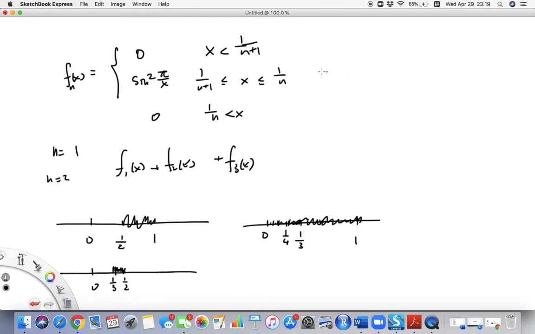So eventually your function converges to this: 0 when x is less than or equal to 0, 0 when x is greater than or equal to 1, and sine squared of pi over x when x is between 0 and 1.